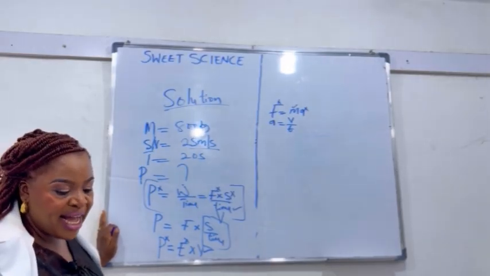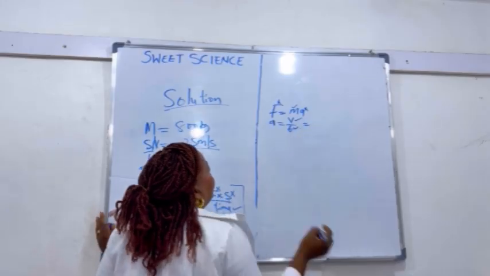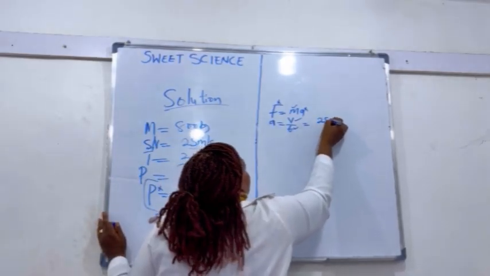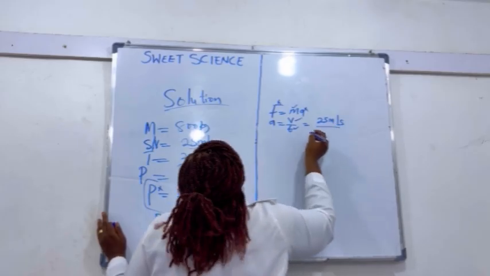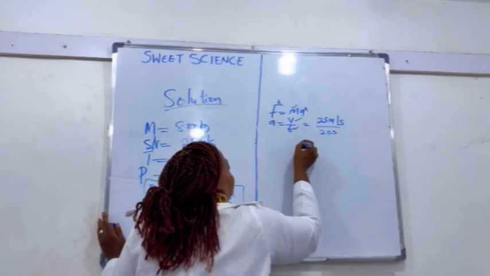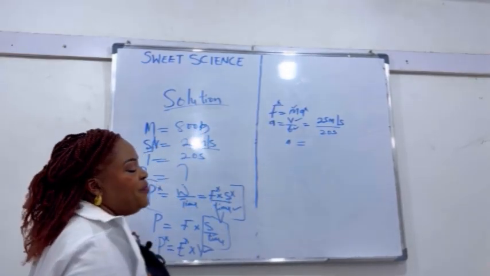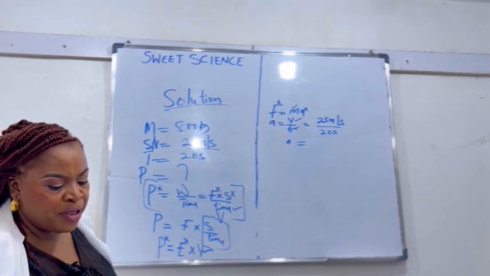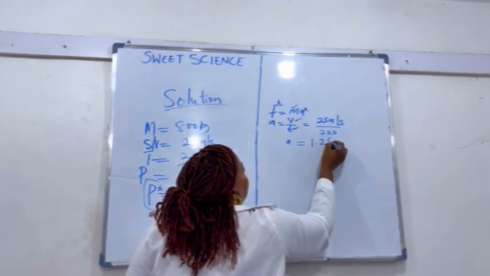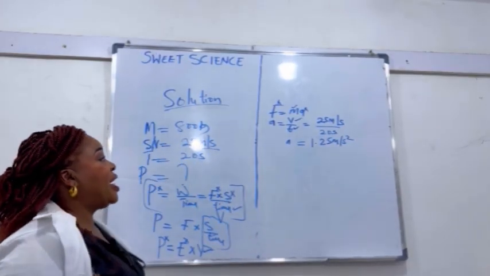Acceleration is velocity all over time, and velocity and time are known. We are getting closer. Velocity is 25 meters per second all over 20 seconds. When you divide, you will have 1.25 meters per second squared. That is what we will have.